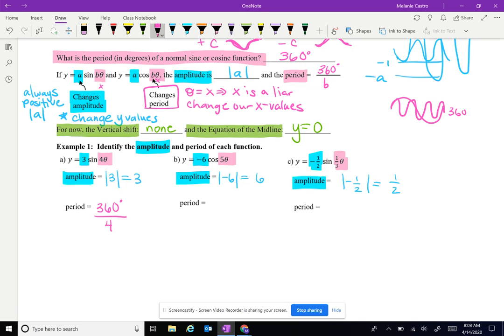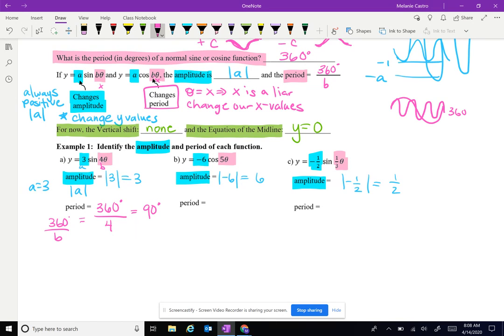So in this problem, A is 3 if we're thinking in general terms, and B is the 4. Our formula for amplitude was the absolute value of A. Our formula for period should be 360 divided by B. And since that value is 4, we're going to divide by 4. So this period would be 90.